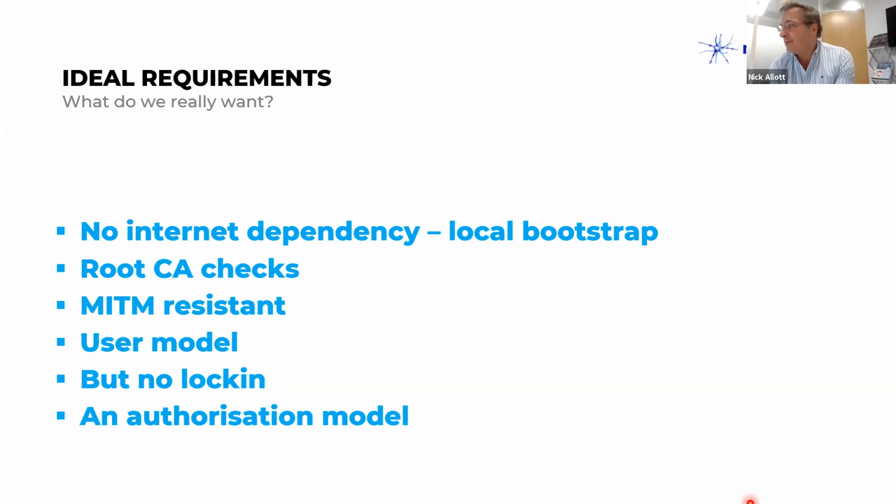It should be possible to bootstrap your device onto the network without calling out to the cloud. And why? I think it's just practical and usable. But it's a lot harder, I can tell you that, when you actually try and implement it. But that's one of the requirements to think about.